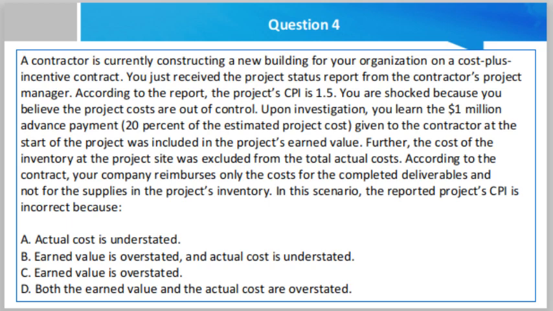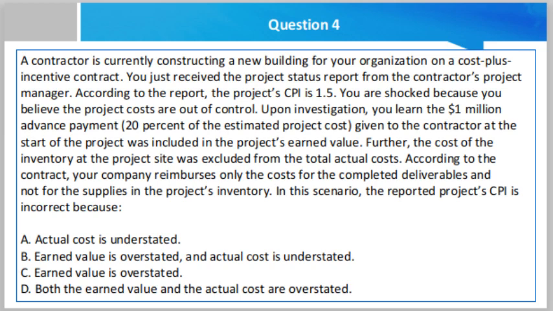According to the contract, your company reimburses only the cost for the completed deliverables and not the supplies in the project inventory. Now in this scenario, the reported project CPI is incorrect because: actual cost is understated; earned value is overstated; earned value is overstated and actual cost is understated; or both the earned value and the actual cost are overstated.